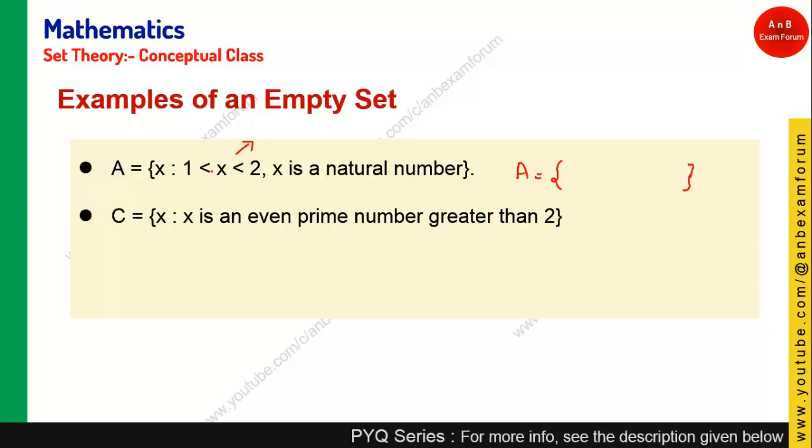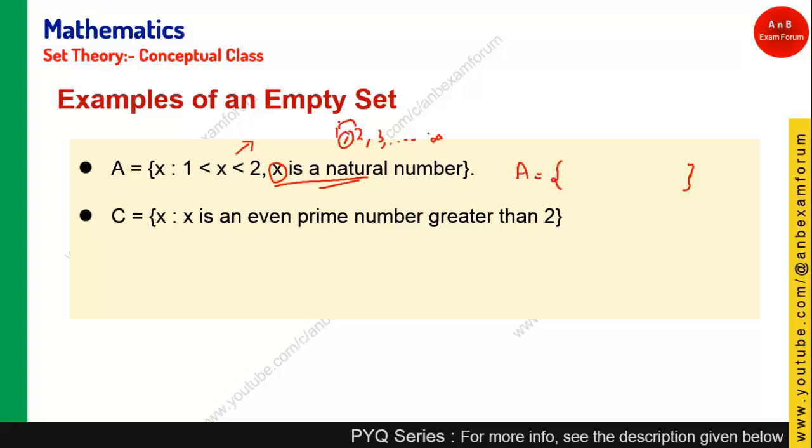So x is the set of all the elements which are between 1 and 2, and it says x is a natural number. And you know natural numbers are what? 1, 2, 3, 4 and so on, up to infinity. But there is no natural number between 1 and 2, right?